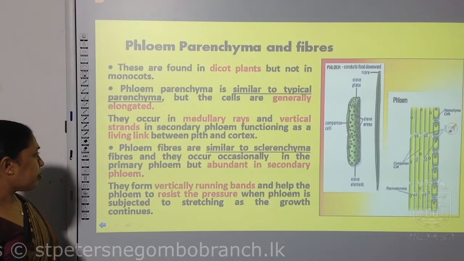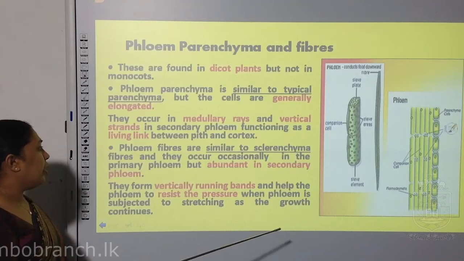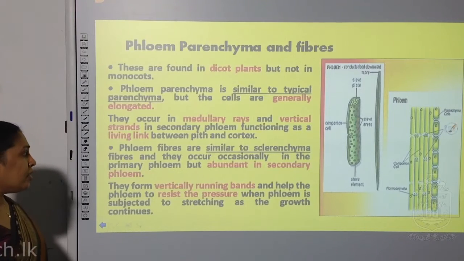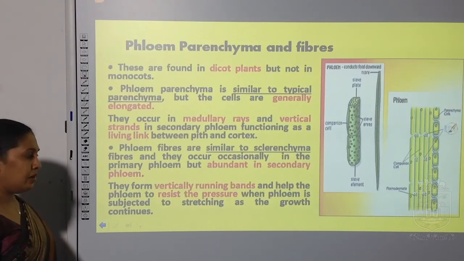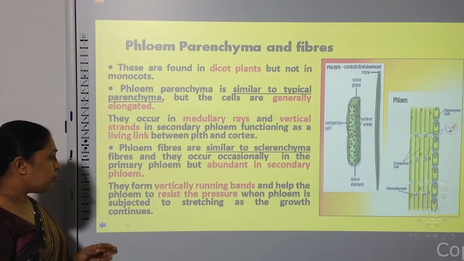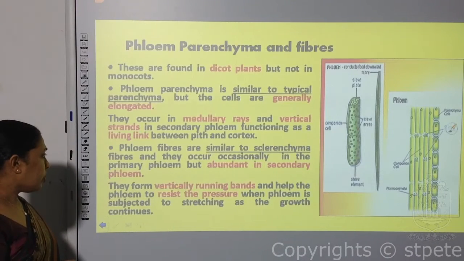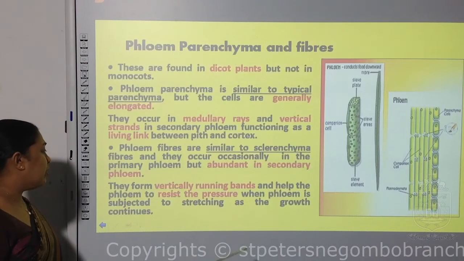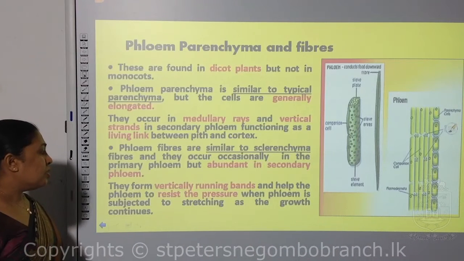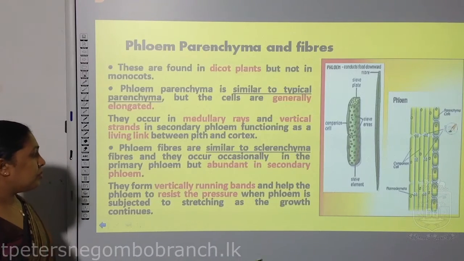The fibers are similar to sclerenchyma, and they occur occasionally in the primary phloem but are abundant in the secondary phloem. They form vertically running bands and help the phloem resist pressure when it is subject to stretching as growth continues.